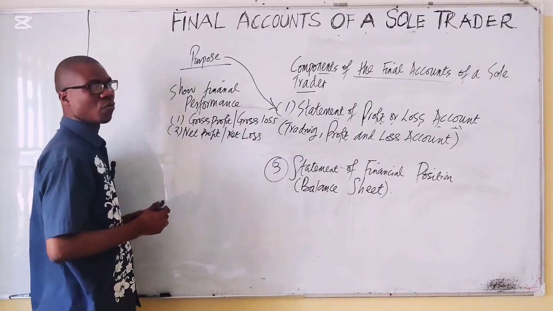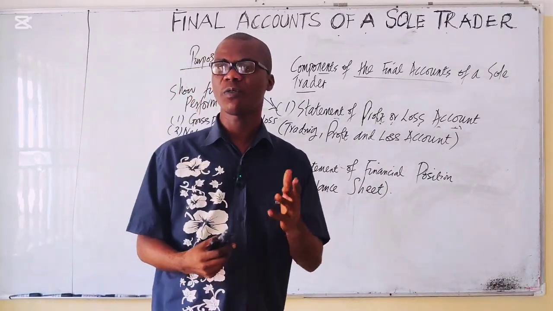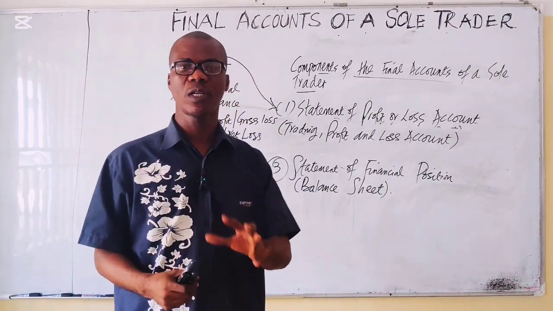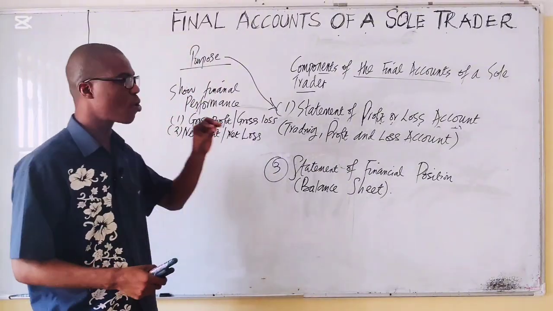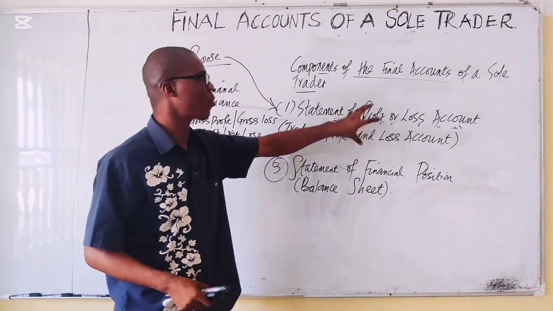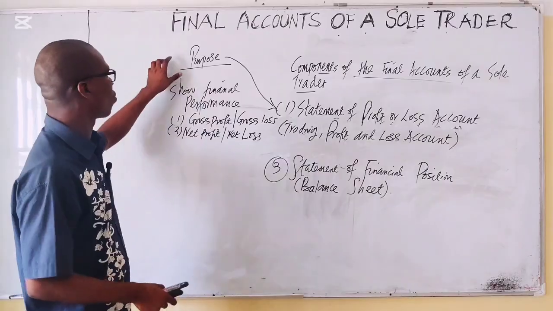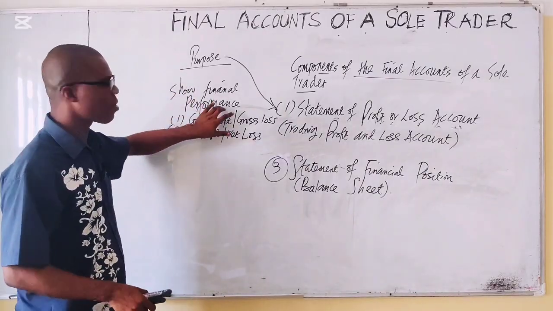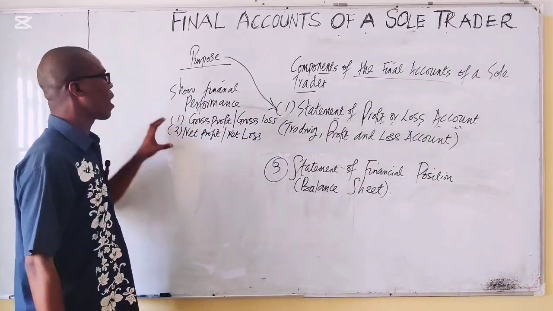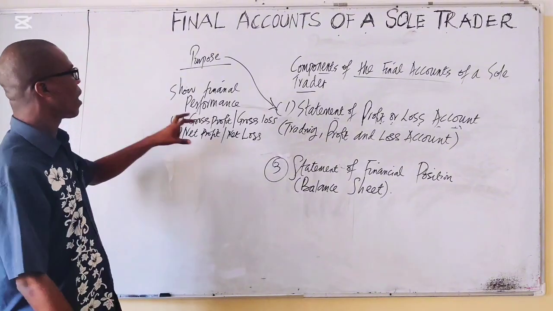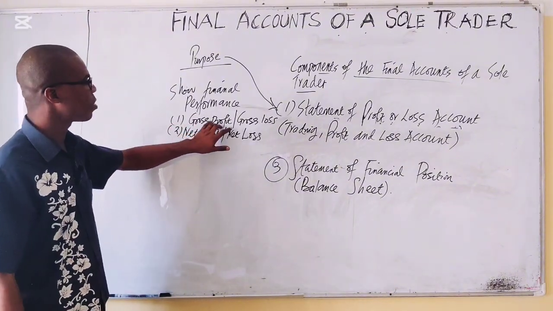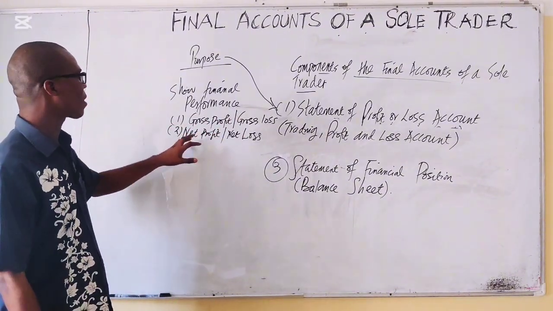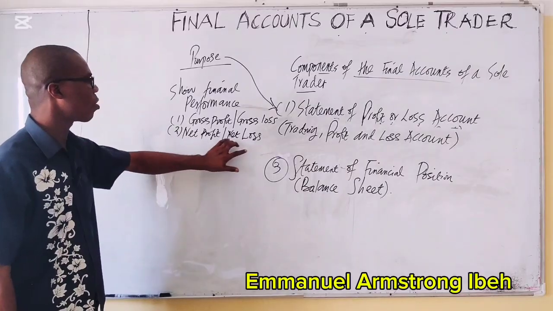We will see these two when we deal with the format in no distant time. We'll see how they are ascertained. But just note that the purpose of the statement of profit or loss account is to show financial performance. And how you show financial performance is that you ascertain gross profit or gross loss, or net profit or net loss.